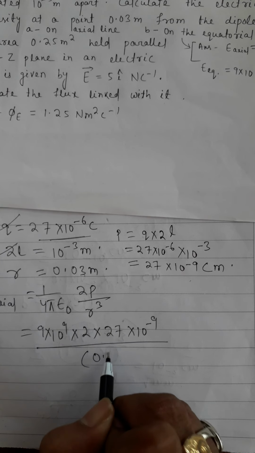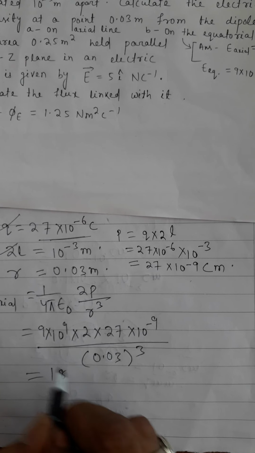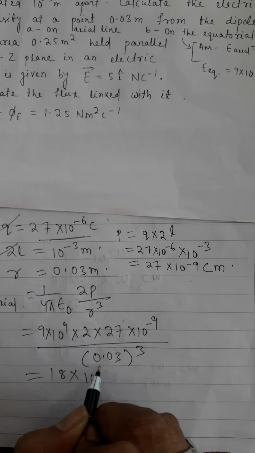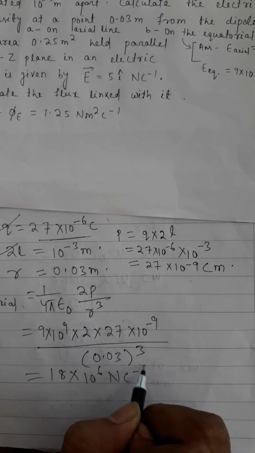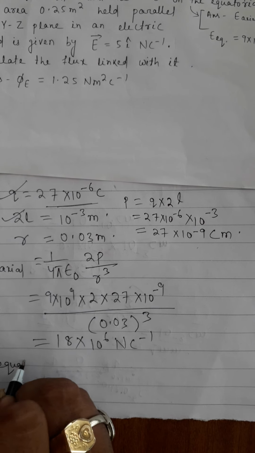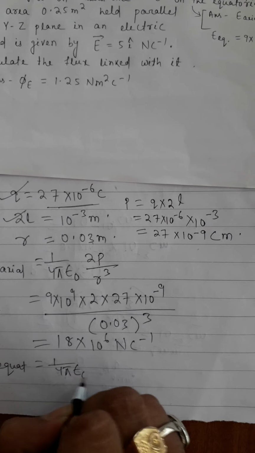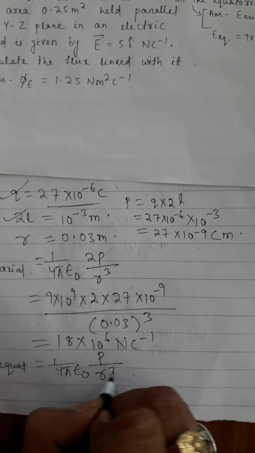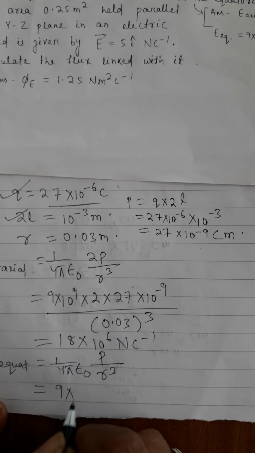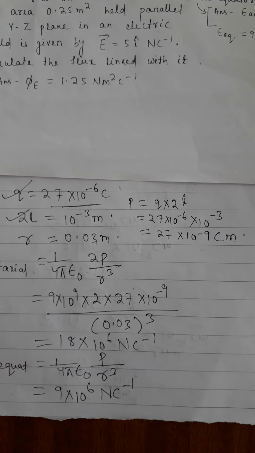R is given 0.03 to the power 3, and the answer will be, if we solve it, 18 into 10 to the power 6 Newton Coulomb inverse. Similarly, we can find electric field at equatorial line. That will be, formula is 1 by 4 pi epsilon naught P by R cube, and putting the values we can find it will be 9 into 10 to the power 6 Newton Coulomb inverse.